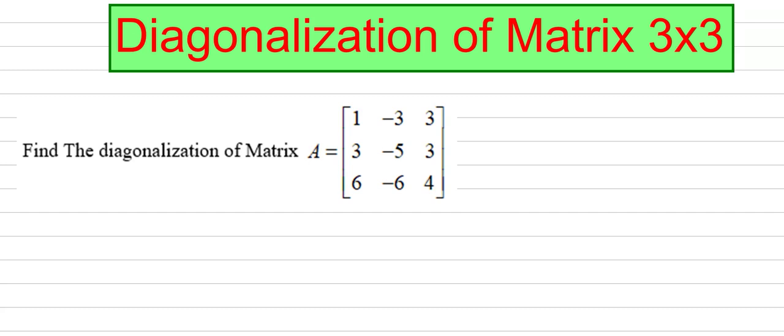Everyone. Today I will show you the way to find the diagonalization of a 3 by 3 matrix. When we want to find the diagonalization of a 3 by 3 matrix, first we find the eigenvalue.